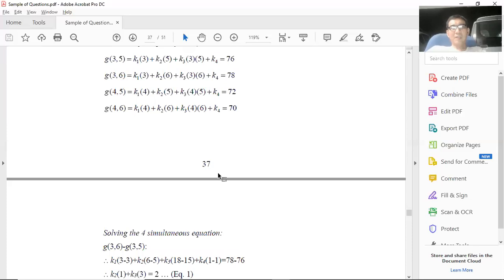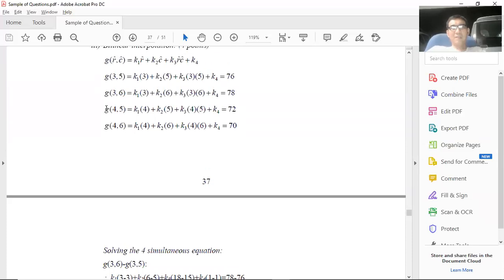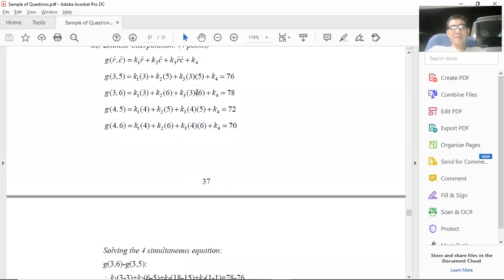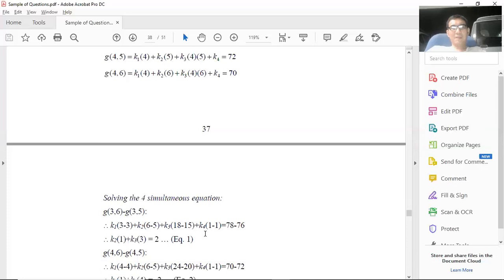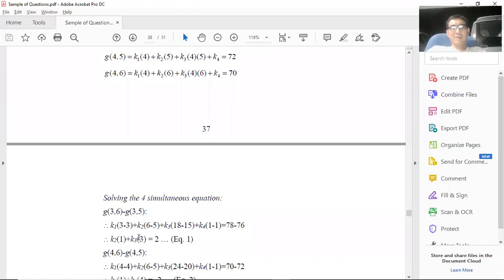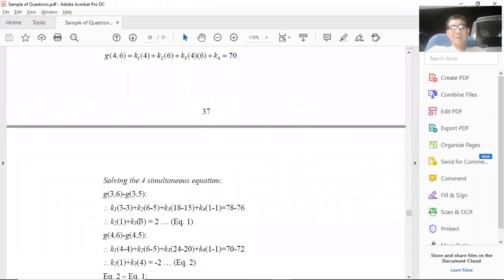So you can take the second and the first, and subtract. Then you find that K1 will cancel off, and K4 also cancels off. K2 is 6 minus 5, and K3 is 18 minus 15, and on the right side 78 minus 76. So you get a shortened equation with only K2 and K3.